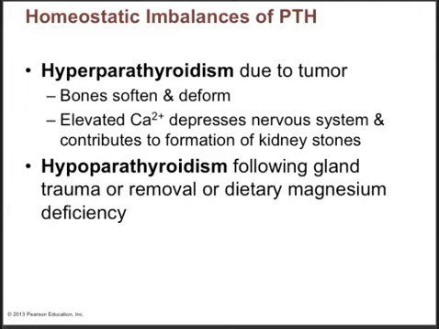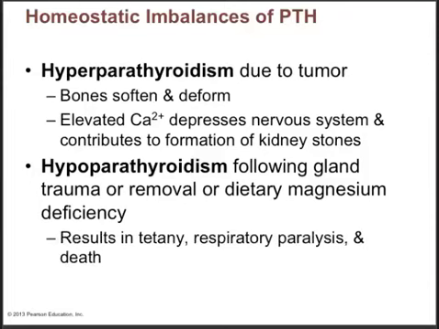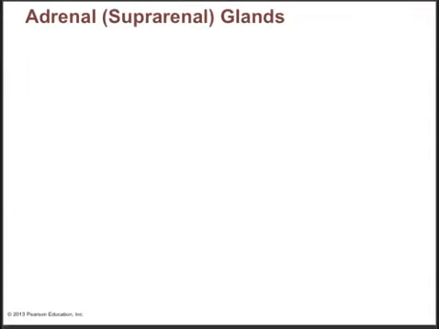While hypoparathyroidism following trauma to the gland or removal or lack of dietary magnesium results in tetany, respiratory paralysis, and death. So you have to remember that calcium isn't simply a structural component of mineralized bone, it's also vital in muscle contraction and nerve transmission.